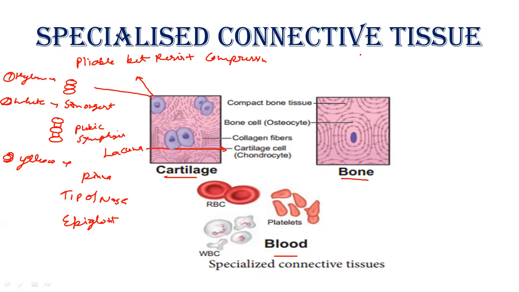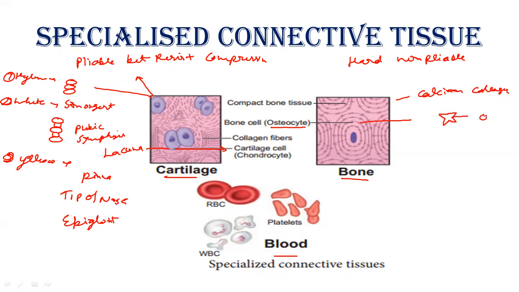Bone is hard and non-pliable, and it is rich in calcium, phosphate, and collagen fiber. In bone, the bone cell osteocyte is found in a cavity, lacuna. So the bone cells are like this. They are not like normal cells.